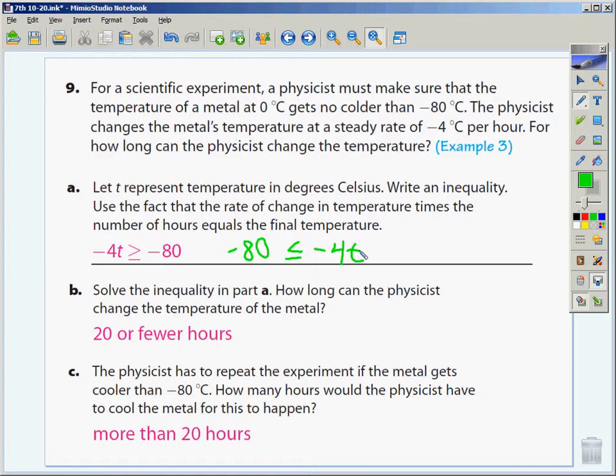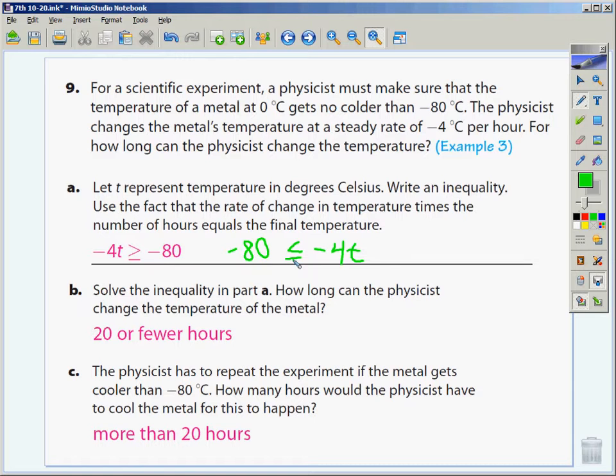That's why the equal sign is in my inequality. Can it be less than a negative 80? Yes. Can it be less? It has to be what? More. It has to be warmer than a negative 80. That's why the symbol is greater than. I've got to make sure that whatever is happening, that I'm getting greater than a negative 80.